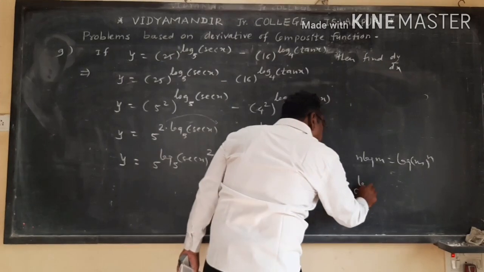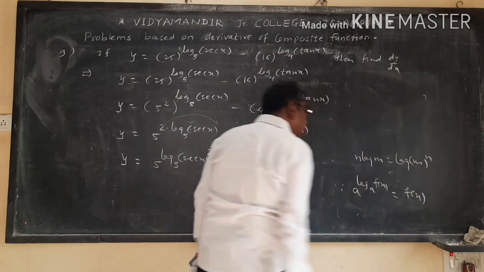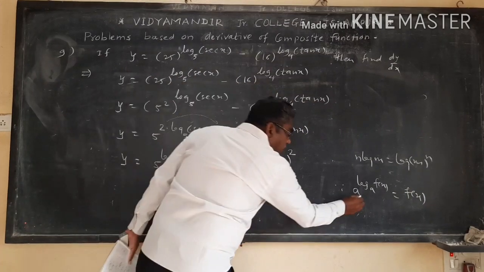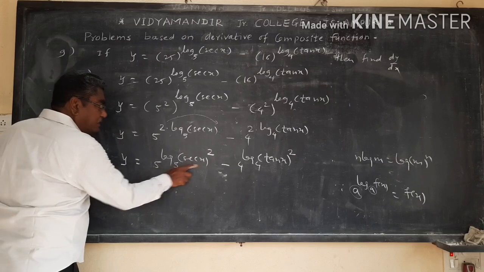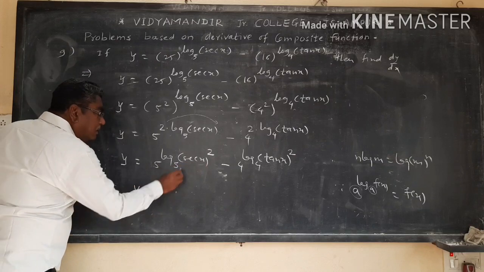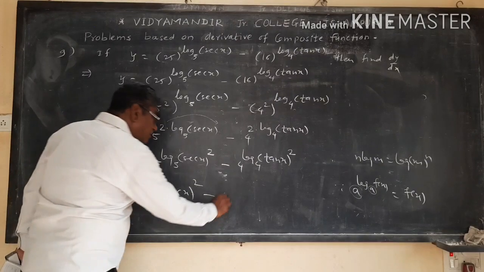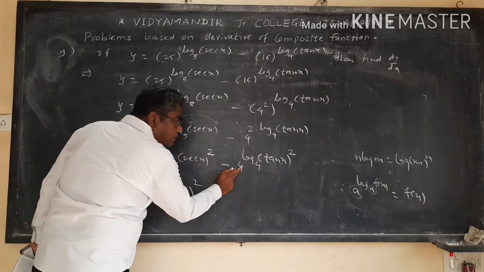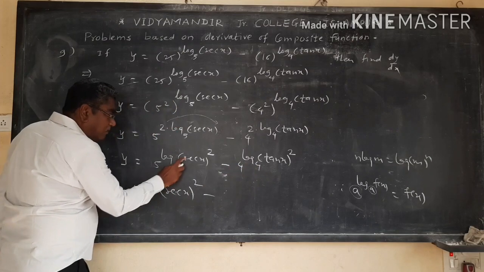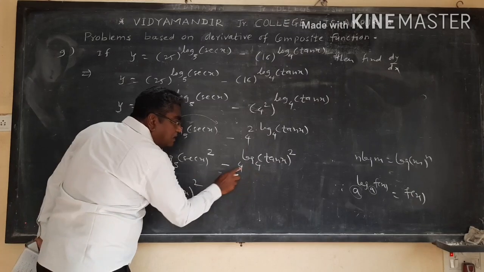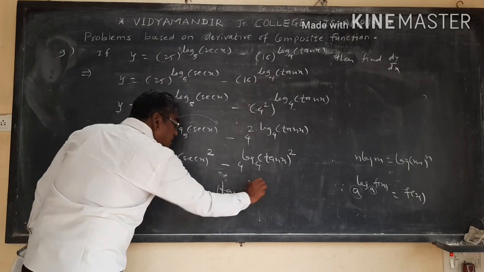Since a raised to log fx to the base a equals fx, the base of the exponent and the logarithmic base are the same, so y equals sec x bracket square minus, for 4 the base of the exponent and logarithmic base are the same, tan x bracket square.